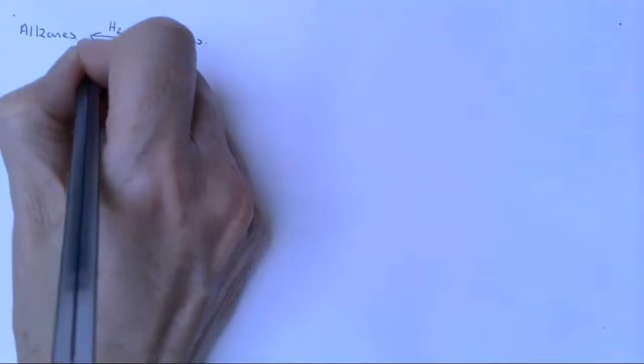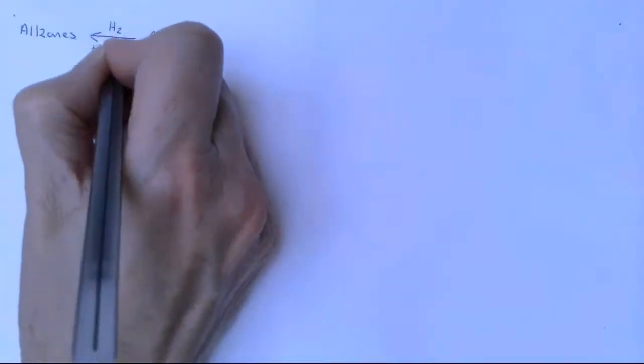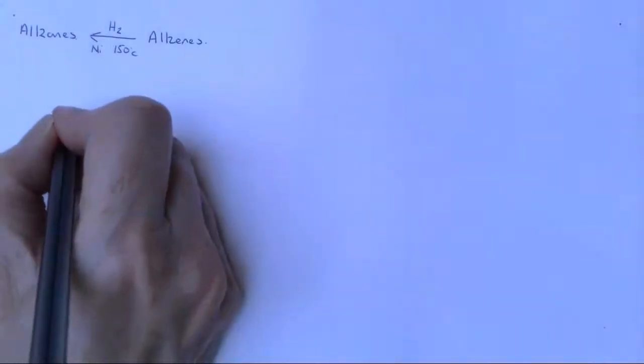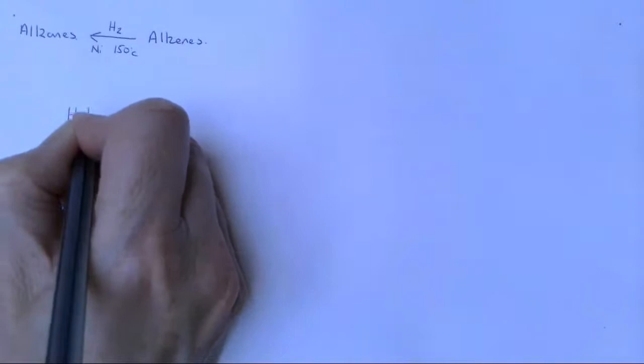Okay, and you can turn an alkene into an alkane by adding hydrogen and a nickel catalyst at 150 degrees Celsius. I can turn both of these into halogenoalkanes.